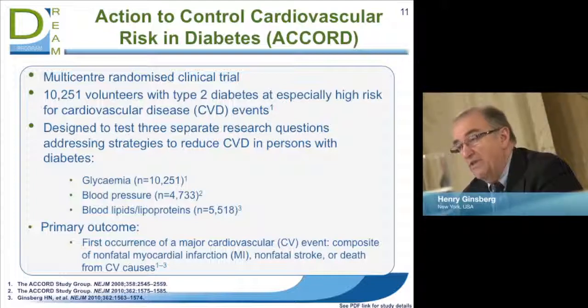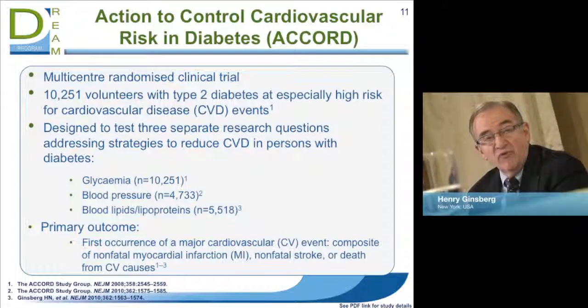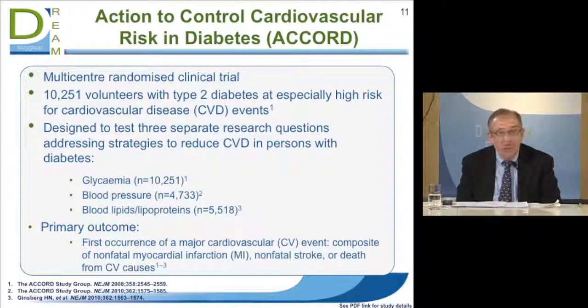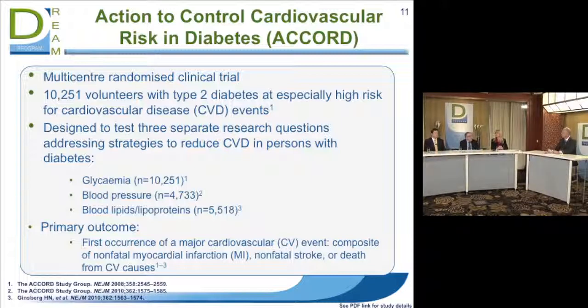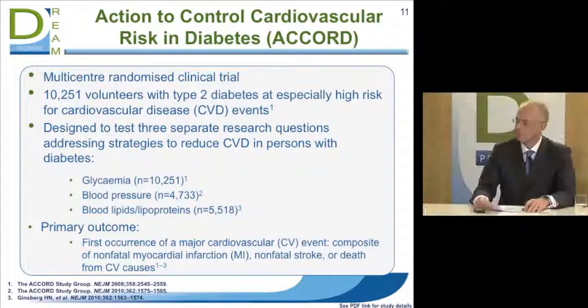And specifically in the ACCORD trial, the design was focused on 3 research questions: whether intensive glucose control would be better than standard glucose control, whether intensive blood pressure control would improve outcomes compared to standard control, and whether intensive combination therapy of the diabetic dyslipidemia would improve outcomes compared to statin therapy alone. This was a very large, multi-center trial with over 10,000 people.